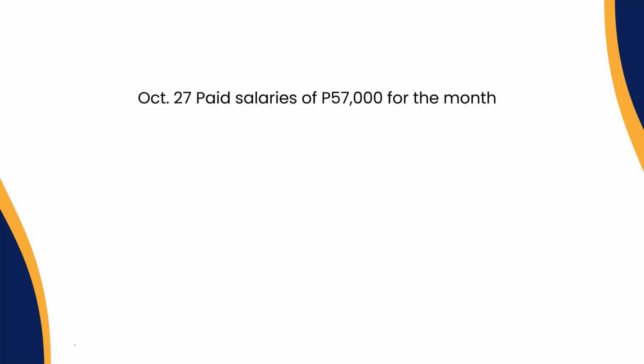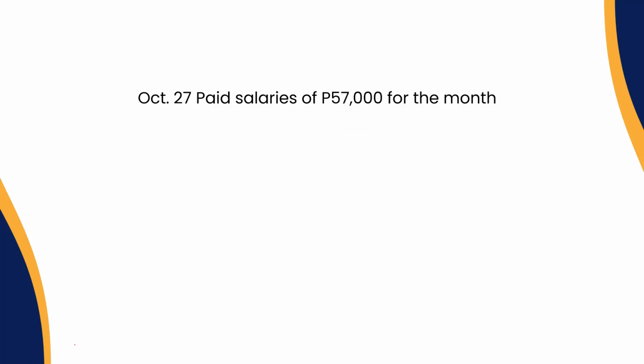Next, we have October 27. Now, October 27 here, sabi dito, you paid salaries of 57,000 for the month. So, pag nagbabayad ka ng salaries mo, anong na-incur mo? Anong effect nito?